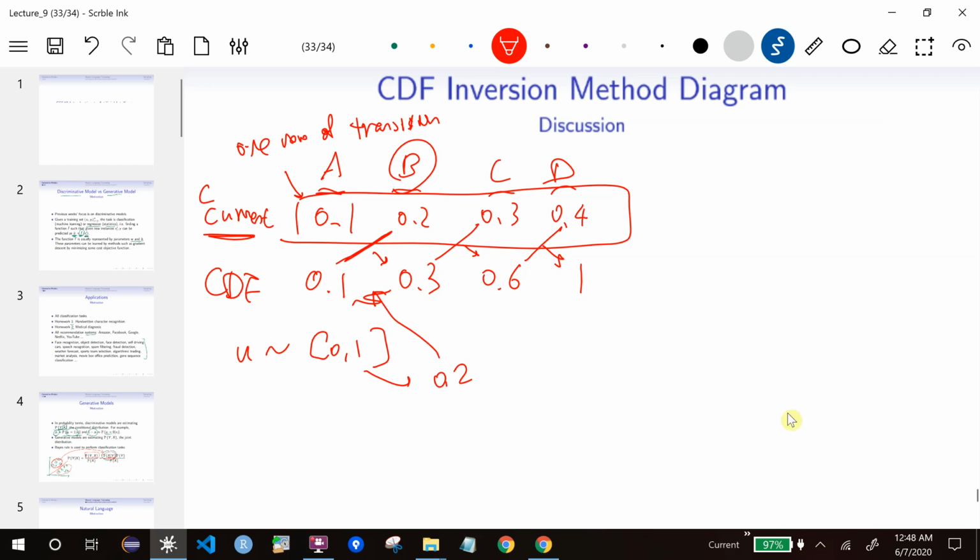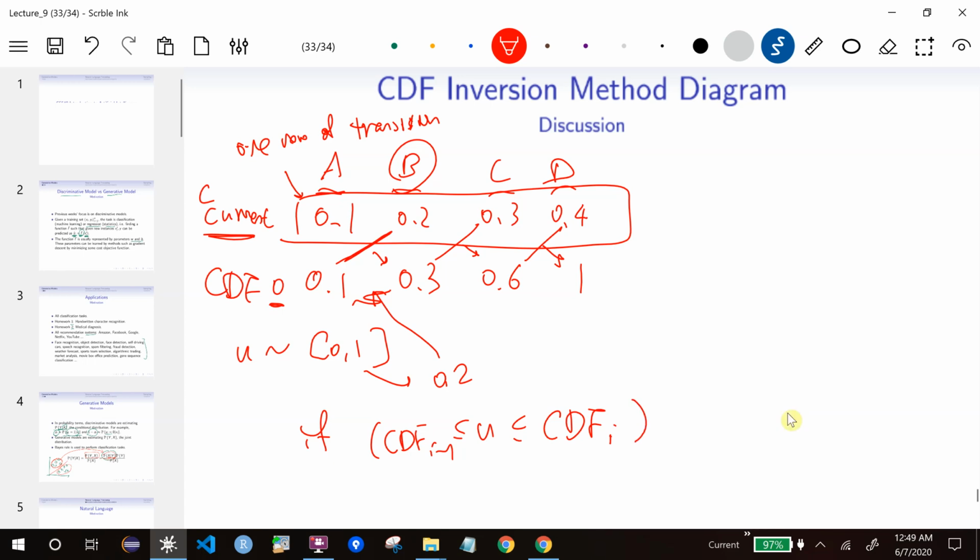So basically, we need a for loop, and we need to check if, say, our U is between CDF i and CDF i minus 1, where CDF 0 needs to be an additional 0.